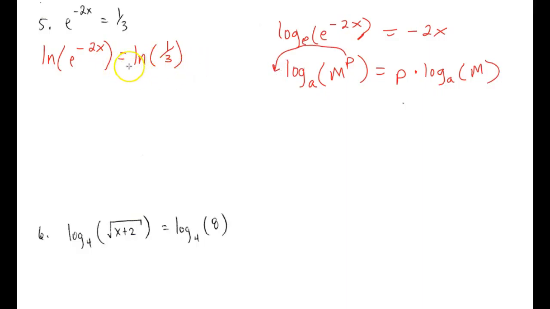And so that's the property that I am going to use here. So if I do that, then I'm going to take all this and pull it out. And if I do that, now I have -2x times natural log of e. Let's clean that up there.